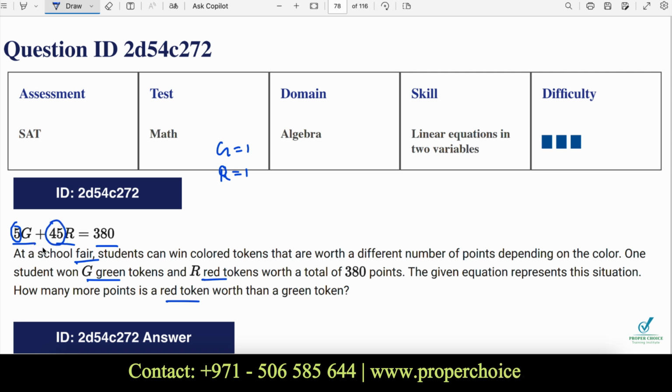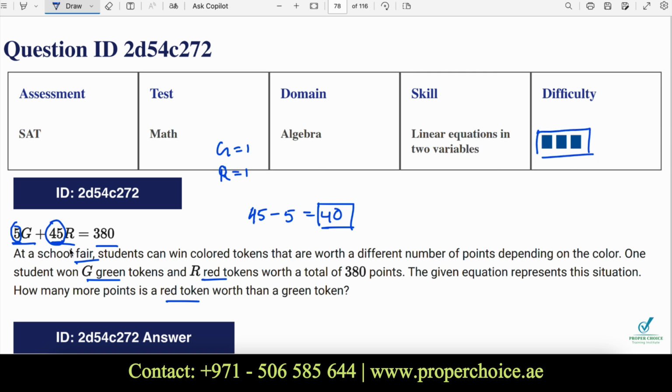Now when the question asks how much more the red token is valued than the green, you simply need to do 45 minus 5, which is going to be 40 points more, because the coefficient itself is basically the number of points each token is worth. So the R coefficient is 45 and the G coefficient is just 5, so 45 minus 5 says the R token is 40 points more valued than G. It's a simple question, but you can see that the difficulty level of this question is higher.